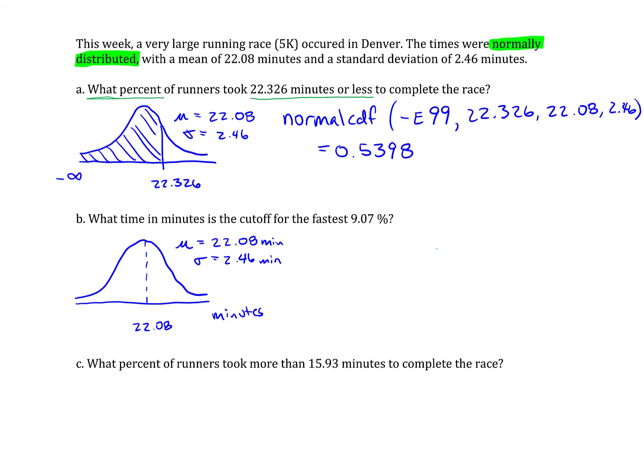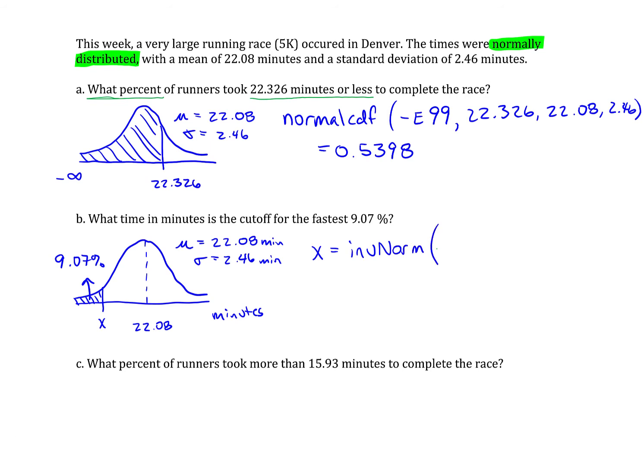So, for instance, if you think about running times, the fastest runners are going to have the lowest times. So the fastest 9.07% would be down here to the left. And that area right there is going to be 9.07% of the data. And x is the value that's missing that we're looking for. So to find that value, we're going to use the inverse norm function.